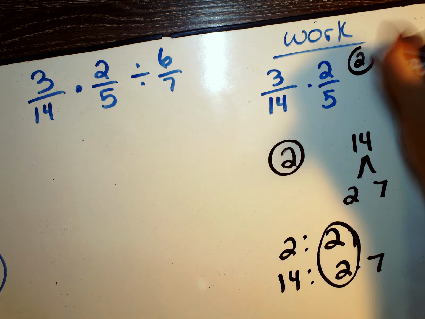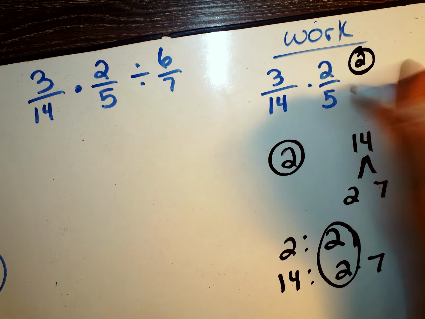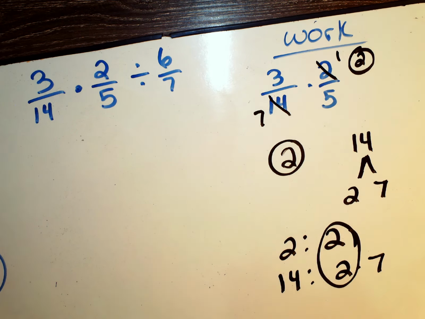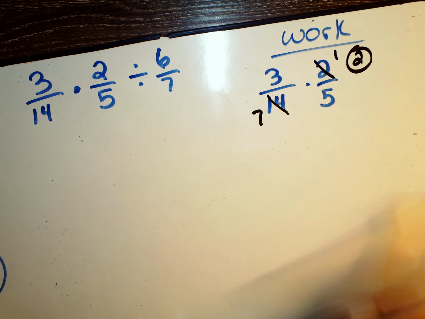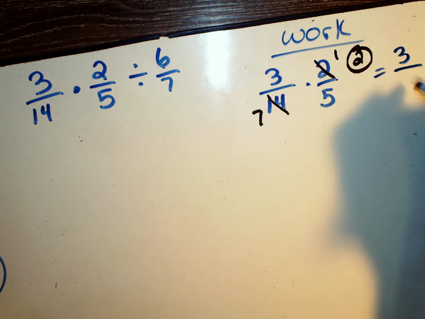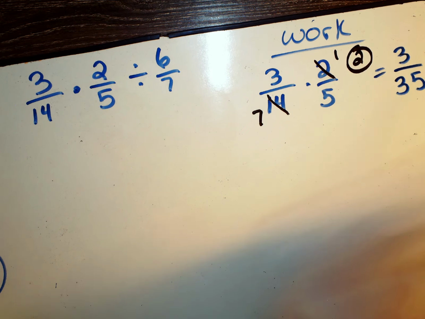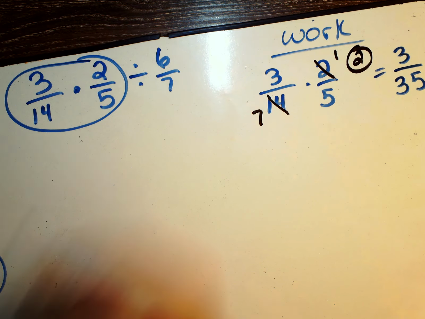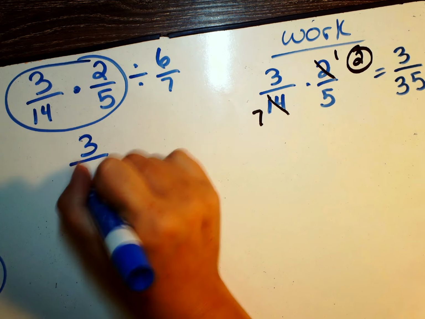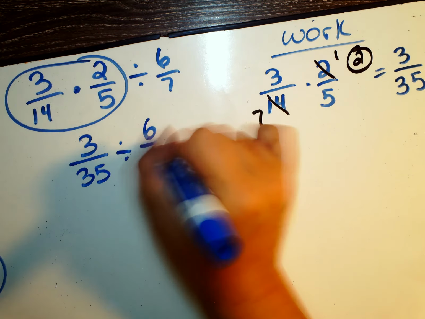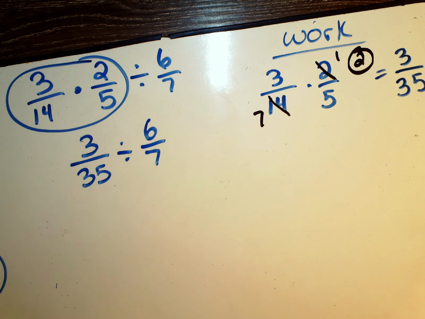So that means I'm going to do 14 divided by 2, which is 7. 2 divided by 2, which is 1. Okay, so now we can multiply. So 3 times 1 is 3, and 7 times 5 is 35. So we're going to come over here. Remember, we just did 3/14 times 2/5. That answer is 3 over 35 divided by 6/7. You bring down everything that's not circled.